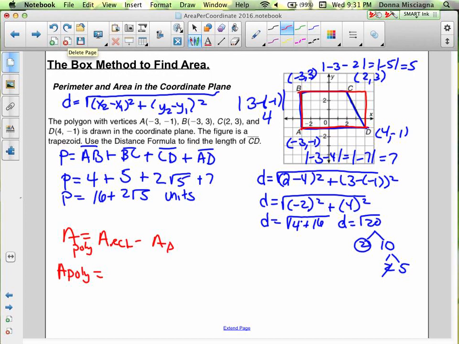All right, area of the rectangle. 1, 2, 3, 4, 5, 6, 7 for the base, and then the height is 1, 2, 3, 4. So the area of the rectangle is just 4 times 7, which should be 28.